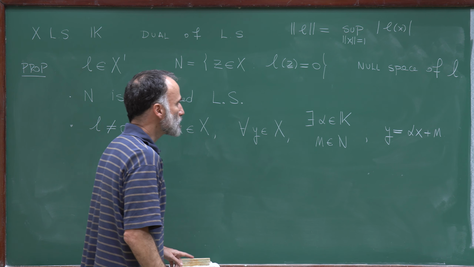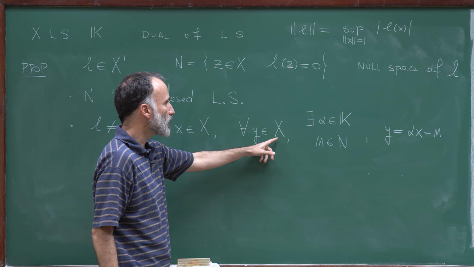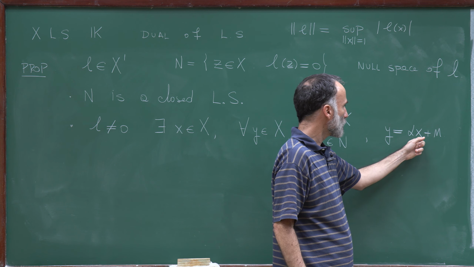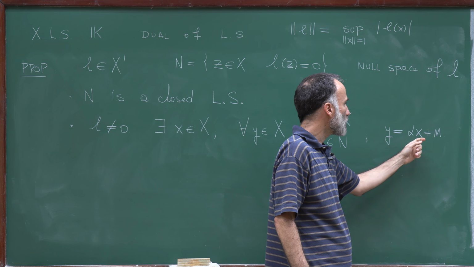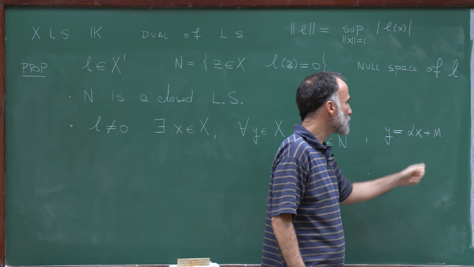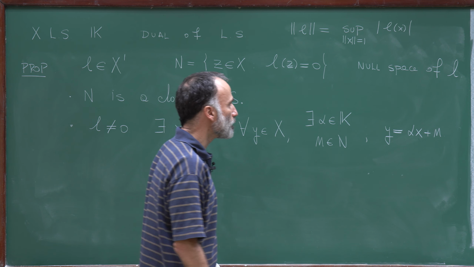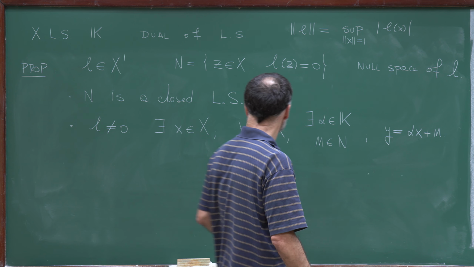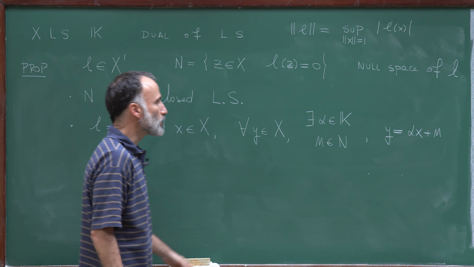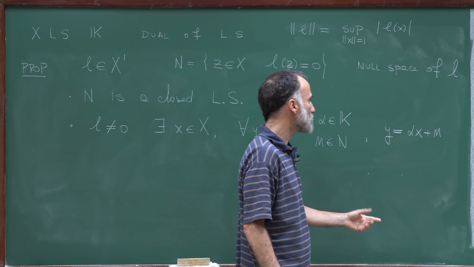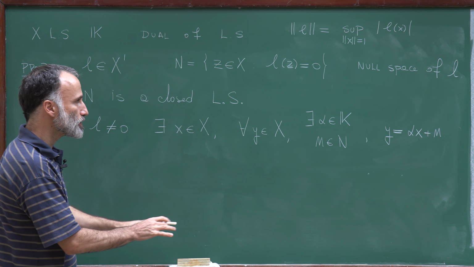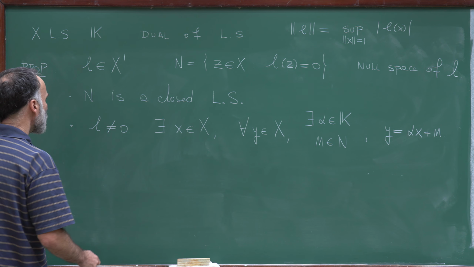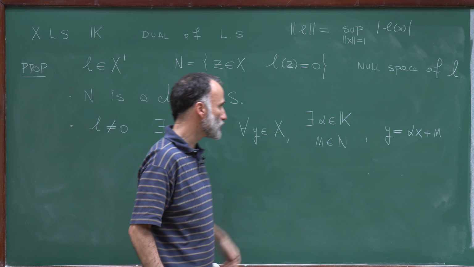So you see, this means that any element of X can be written as a scalar multiple of x plus an element of the null space. And of course, x will not belong to the null space, so we'll see that actually these two spaces have an intersection which is equal to 0. So let me prove these two statements and then clarify what I just said.